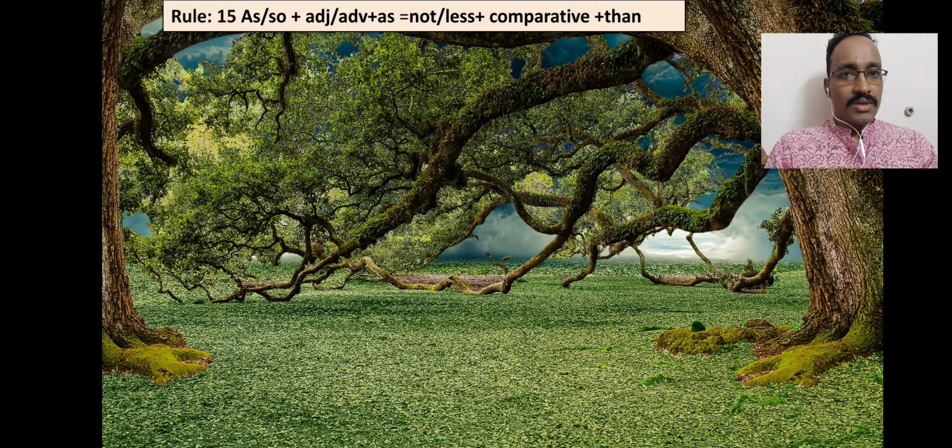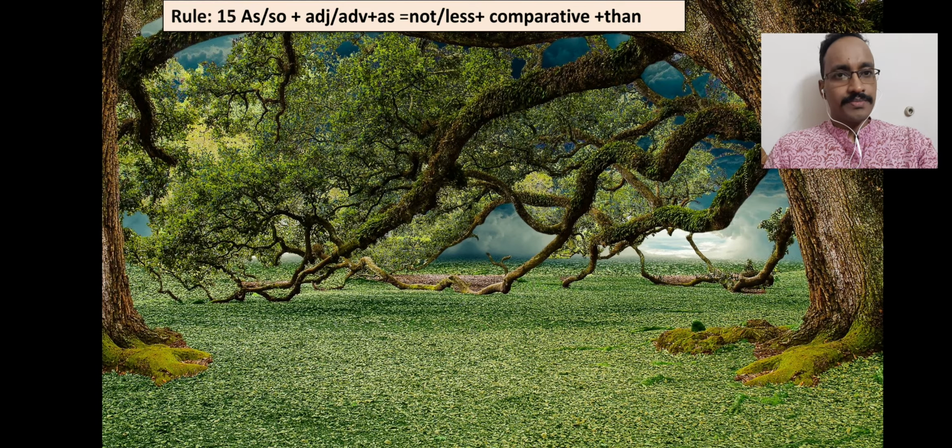So here you see rule number 15. If we make the positive sentence into a comparative sentence, then it will become a negative sentence also. So here you see: not less plus comparative plus than. If we go through some examples, this rule will be clear to you.